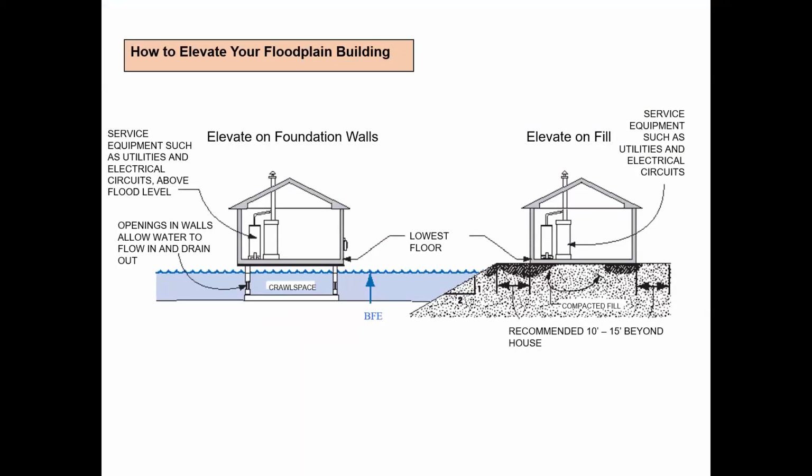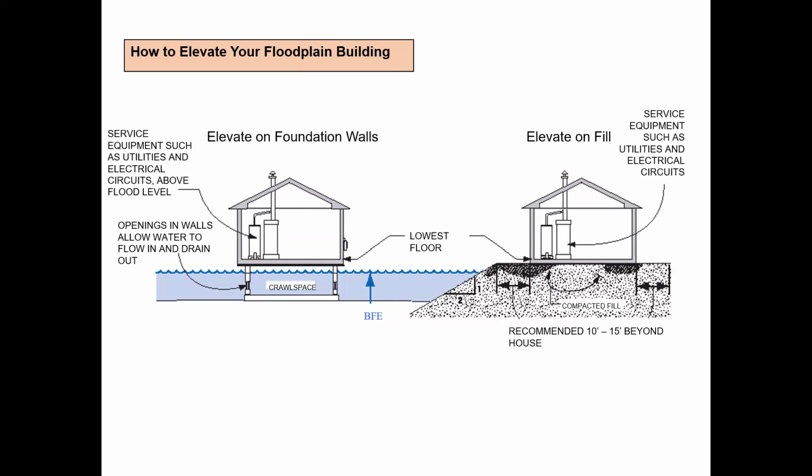Right. So again, we talked a little bit about elevating. In the example on the left, it's a crawl space. So again, that's considered an enclosure. It has the flood openings that allow water to freely move in and out of that area. And then the lowest floor would be the living floor that is above that crawl space, as long as it's compliant.